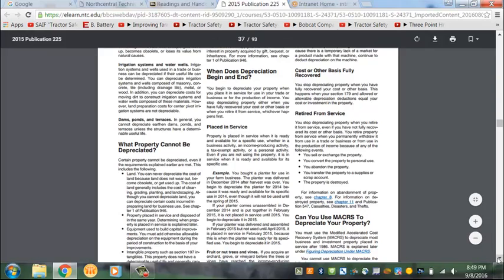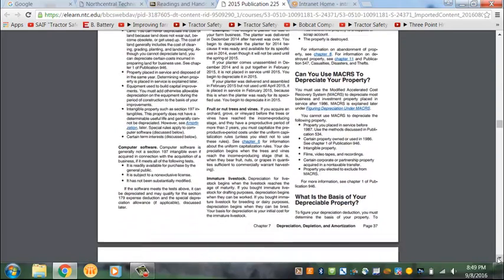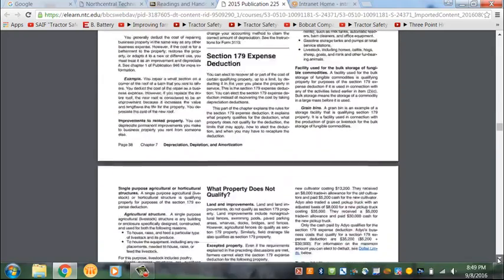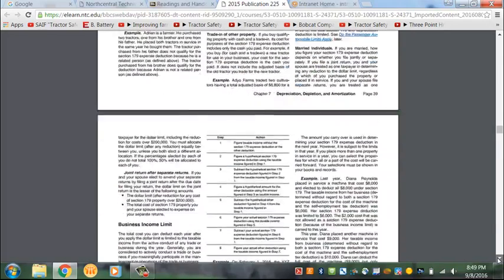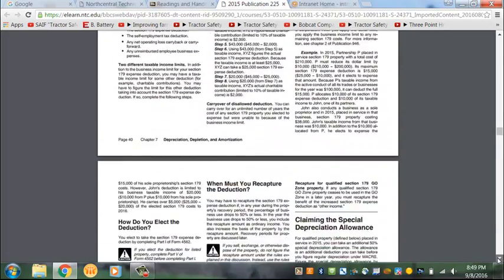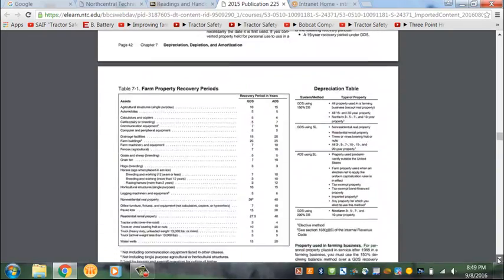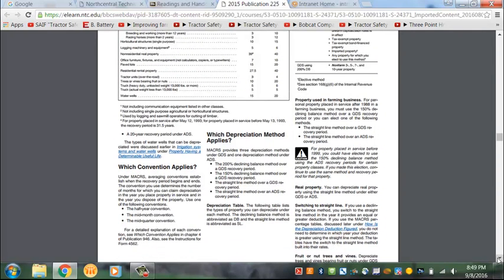So there are two different conventions for determining how to calculate the depreciation. I'm scrolling down just a little bit here. The main one that we're going to be concerned with is called the half-year convention.